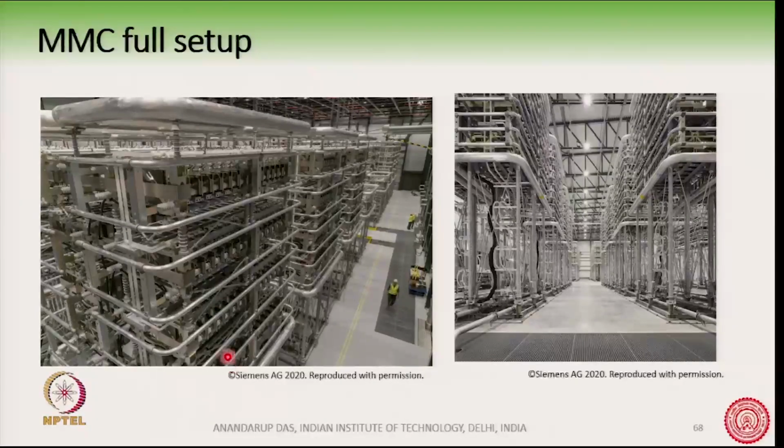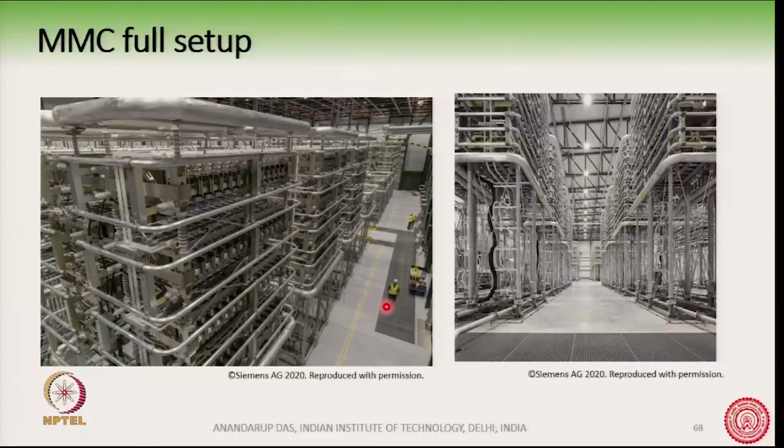and so this forms one tower. The tower may be a part of the arm of the converter, and this is a converter station. The size of this tower, or the size of the converter station, can be understood by comparing it with the size of this person who is here.